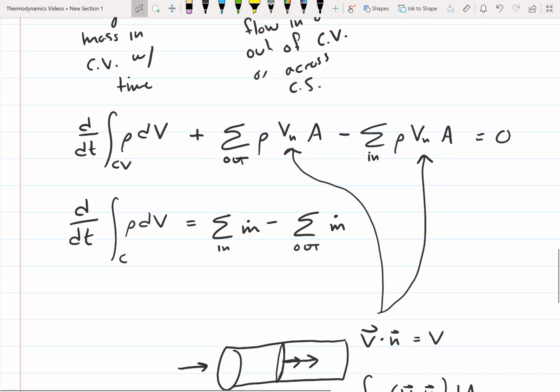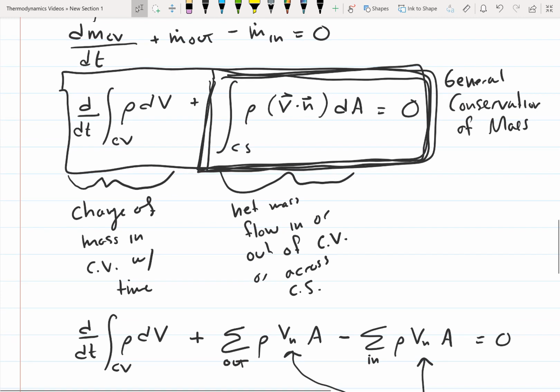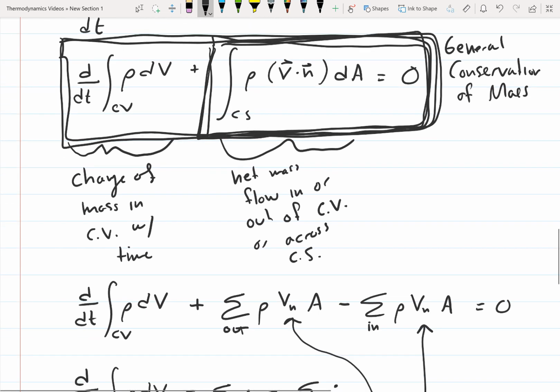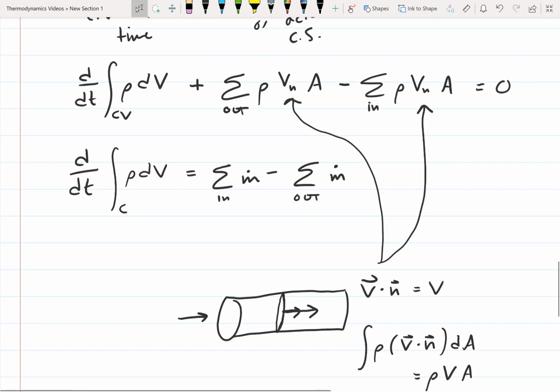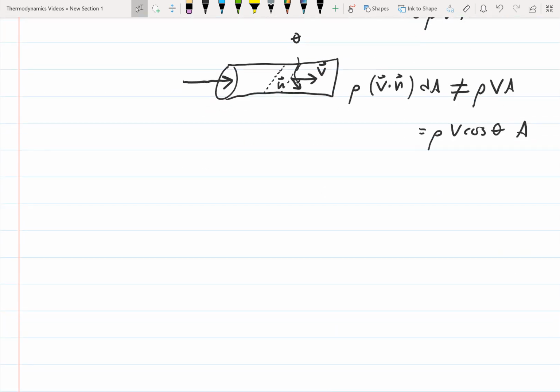So let's go back to this equation, the general conservation of mass. I'm going to show you one thing with that, and then I'm going to show you some simplifications that we can make to this equation so that we can actually use it to solve problems. So I want to go down here and rewrite that equation.